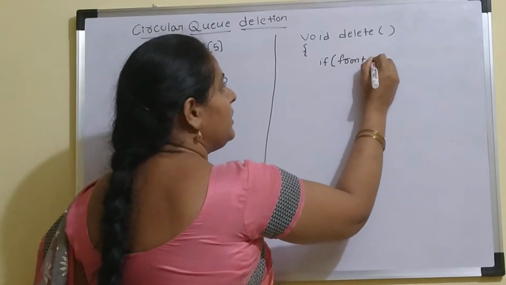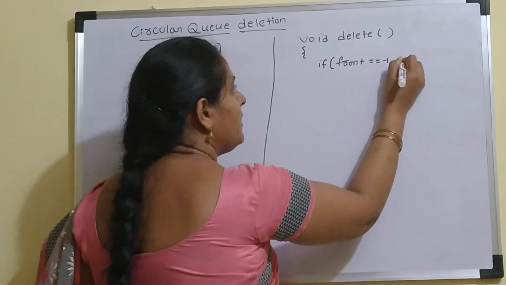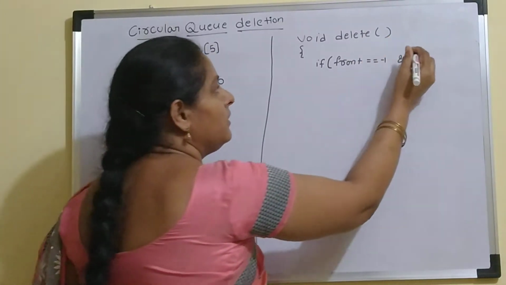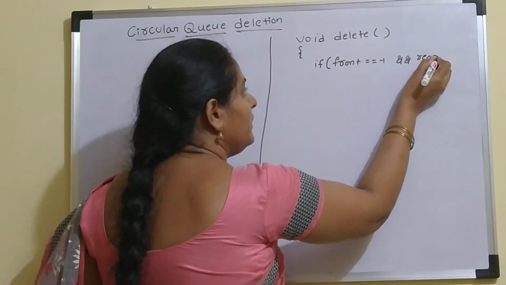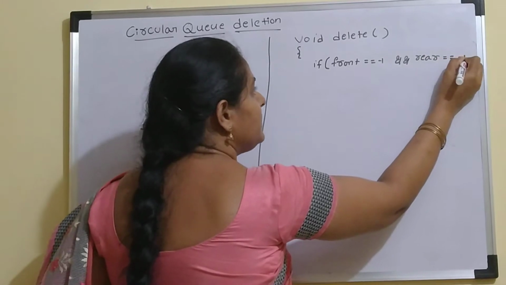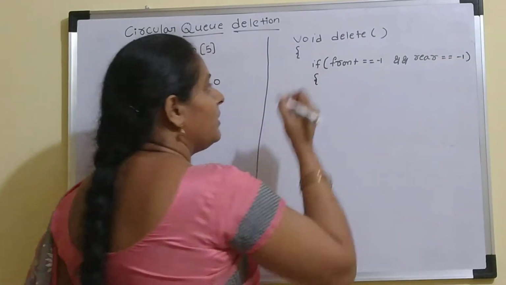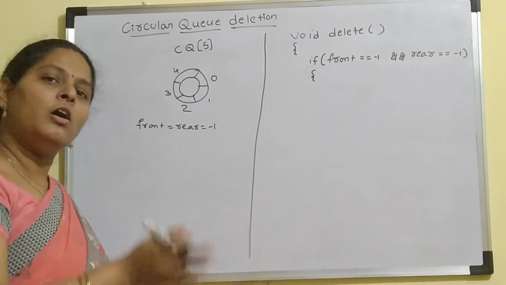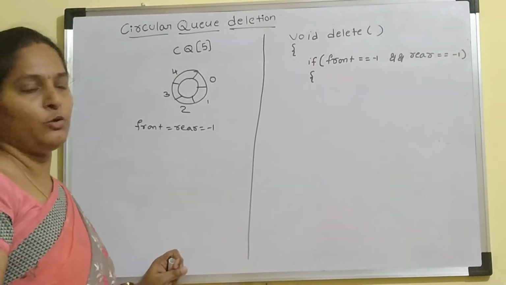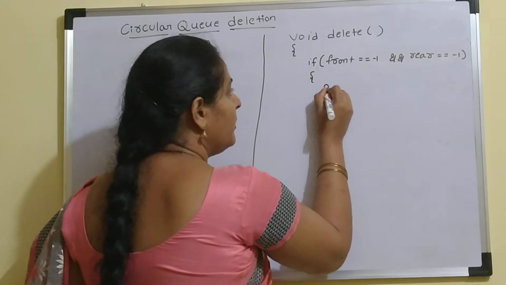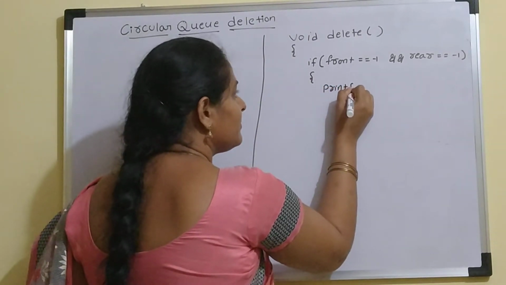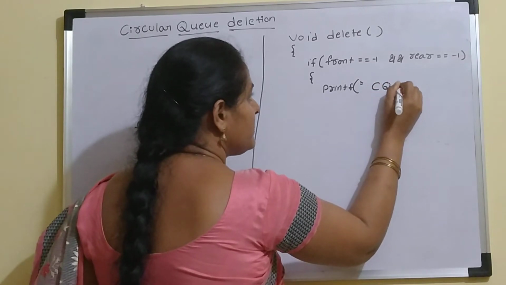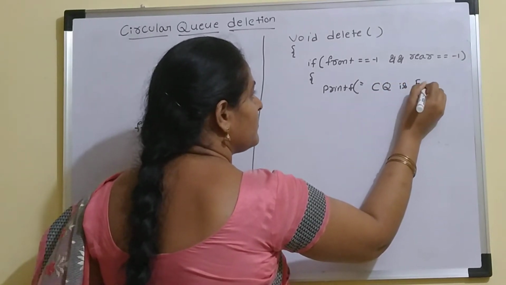Front equal to -1, or, here you can also write or, rear equal to -1. If front equal to -1 or rear equal to -1, or front equal to -1 and rear equal to -1, then printf circular queue is empty.